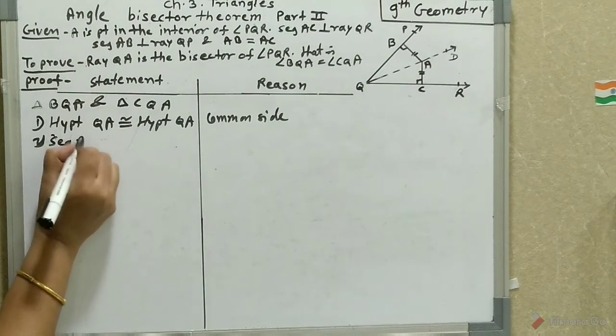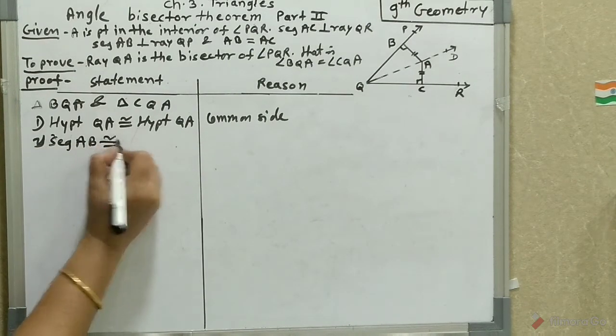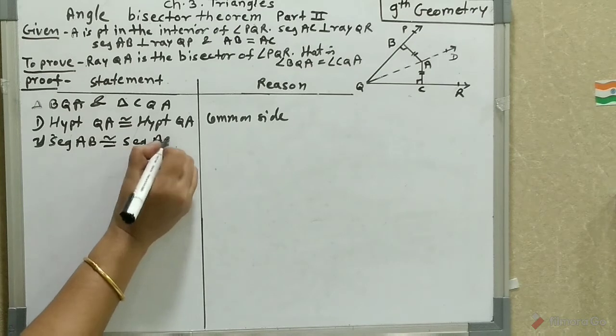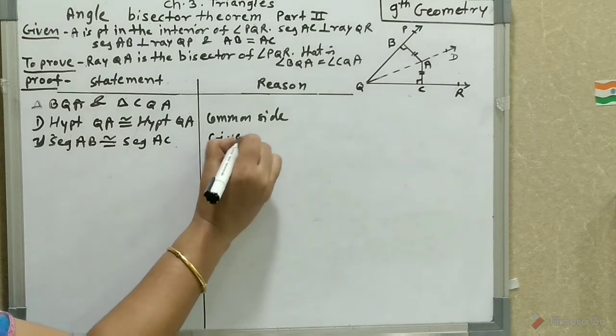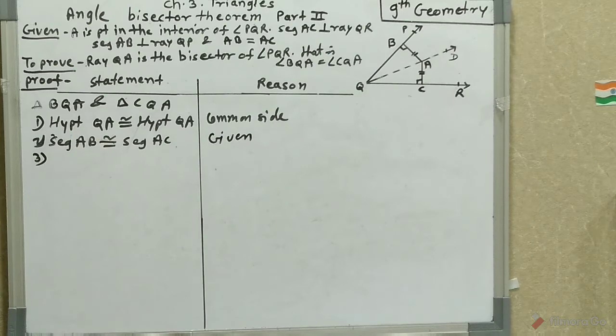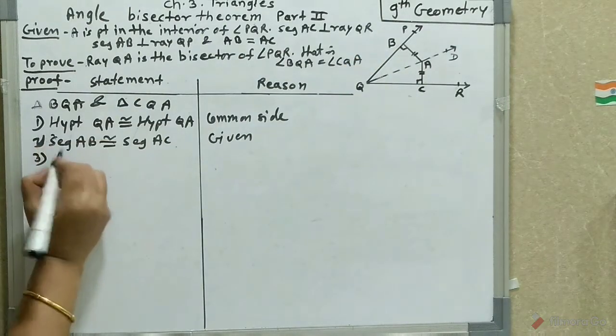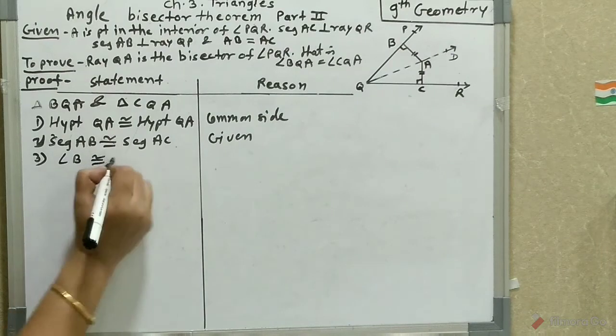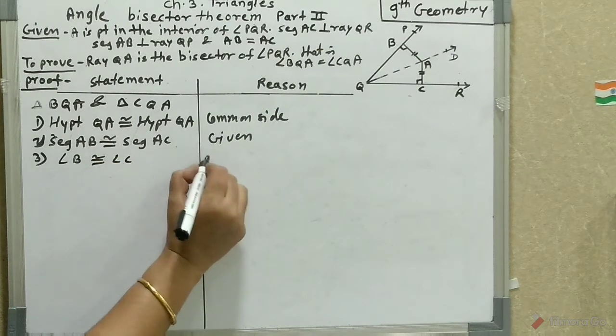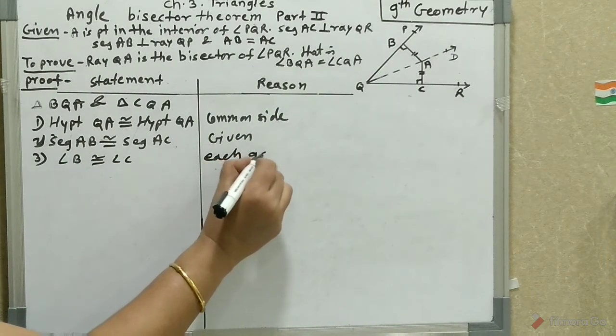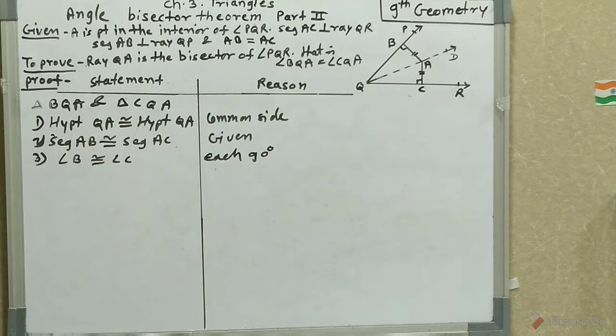Now the third one: this angle is 90 degrees and this is also 90 degrees. So angle B is congruent to angle C, each 90 degrees. So these three conditions are satisfied.